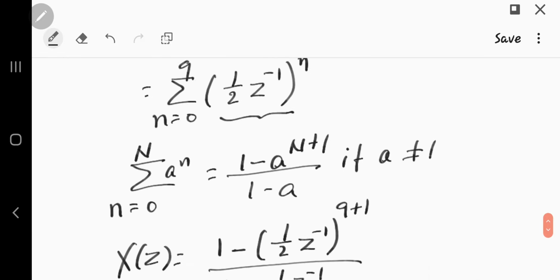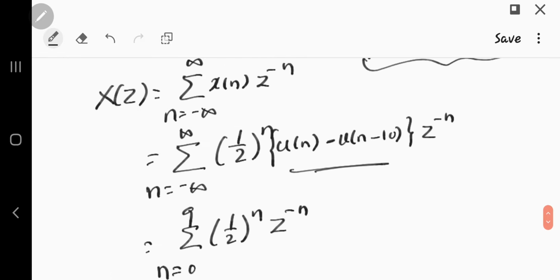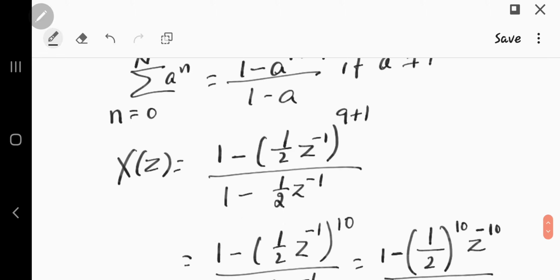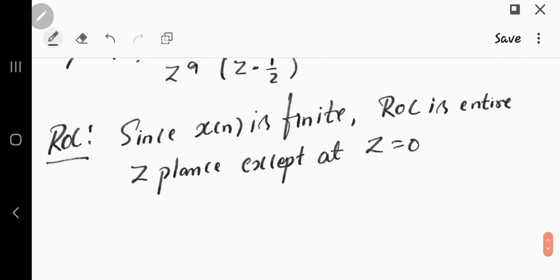So this is from the property of ROC. You have to remember, if we have a finite sequence, then the ROC will be the entire z plane except at z is equal to 0. So this is what we are going to get as the ROC, entire z plane.